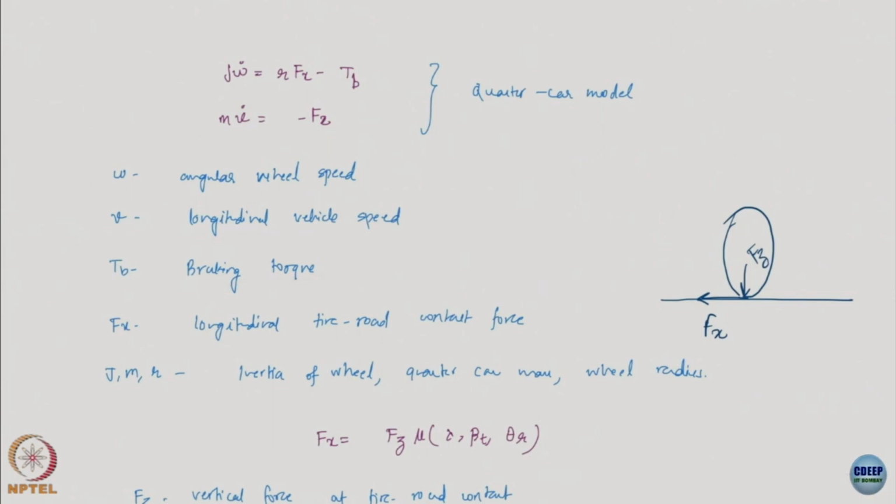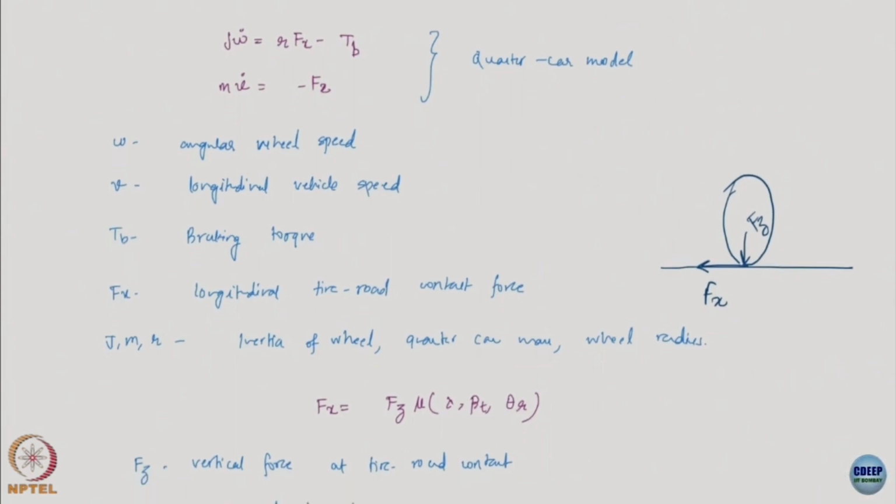Then you have Fx, which is the longitudinal tire road contact force. This depends on your tire and so many other factors, weight and so forth, so you have to arrive at it for different systems differently. Then you have J, M and R, where J is the inertia of the wheel, M is the mass, and R is the wheel radius.